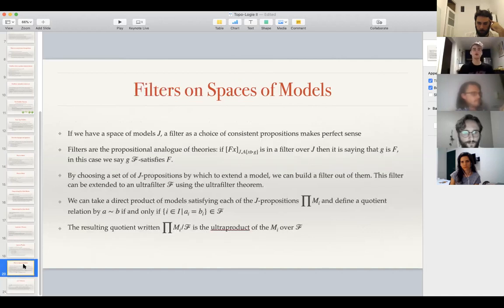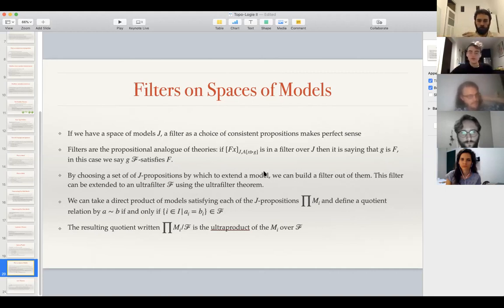Okay, so now we can take a filter on the space of models. We have a way of propositions being subsets of one another in a model. A filter, as we know from before, is a choice of consistent propositions, and it makes sense now in our space of models. Filters are the propositional analogs of theories.